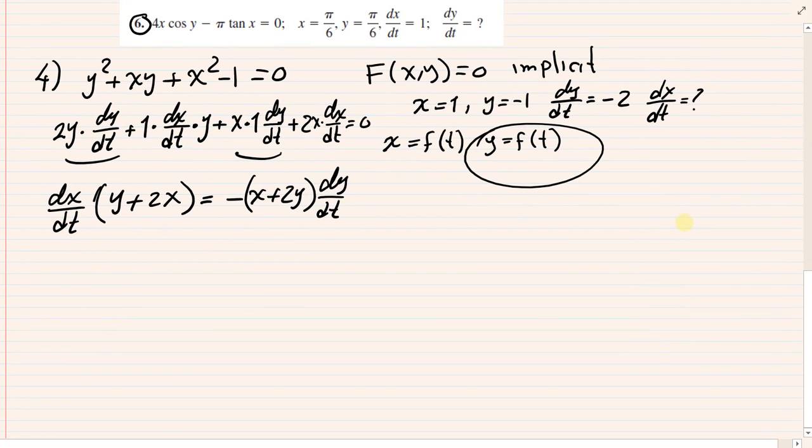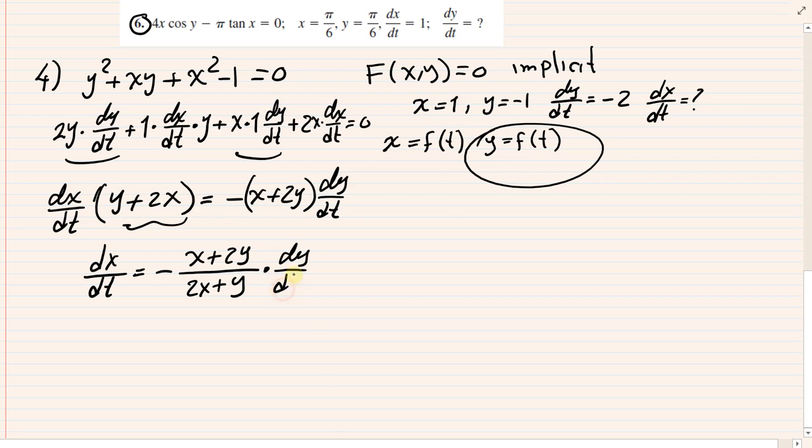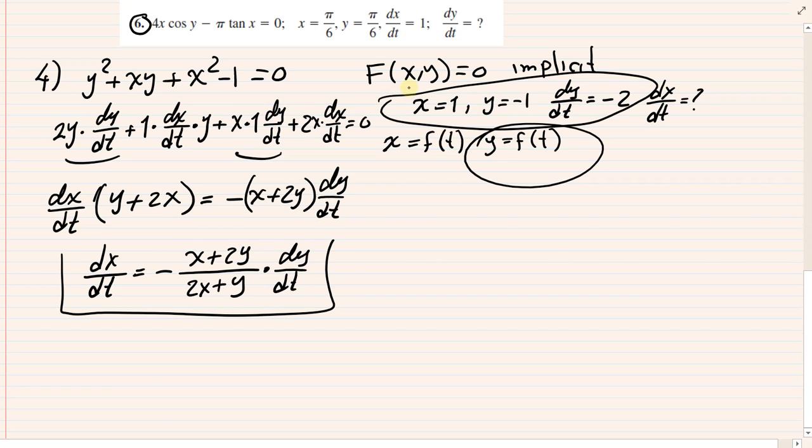And then we can divide both sides by y plus 2x. So dx/dt becomes negative of x plus 2y, divided by 2x plus y, times dy/dt. So this becomes the general formula for dx/dt. Now we're going to put what's given into this statement.